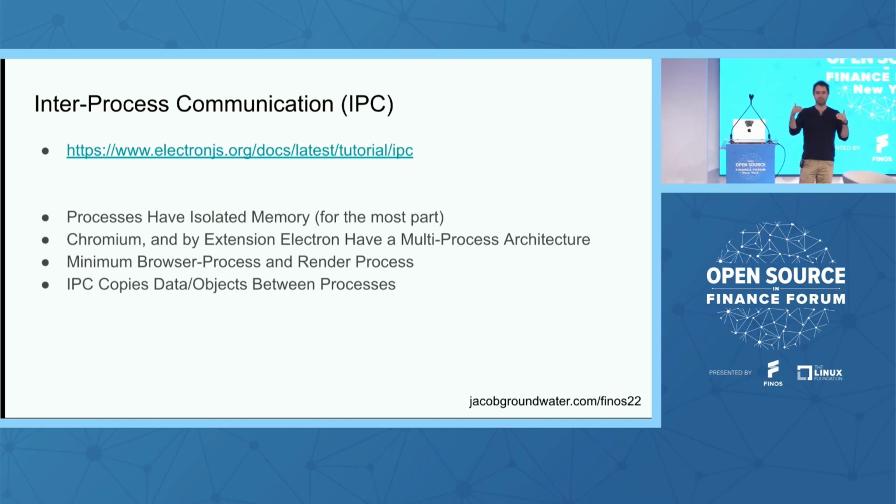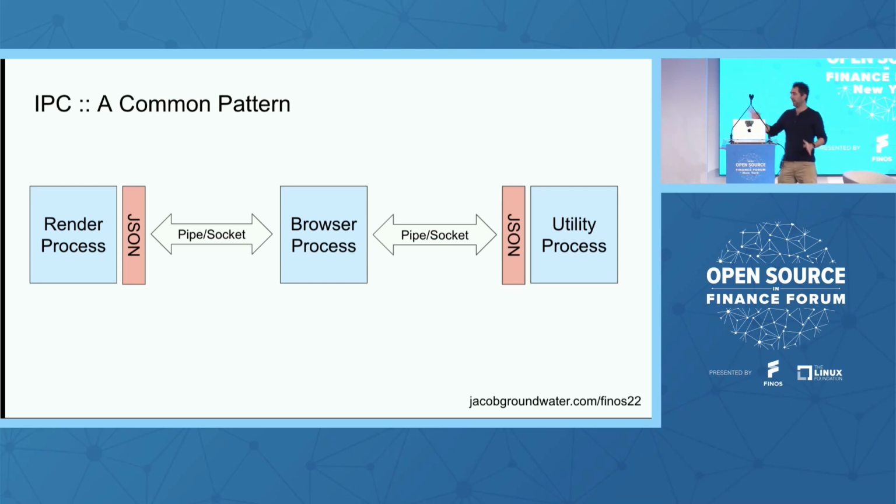So you have to basically copy data back and forth between them. A pattern I see is right here, where we had the render process and the utility process. Even if this utility process is written in the rustiest, fastest code, super snappy, at the end of the day, you still have to do this JSON serialization and then shove it through this pipe to the browser process, and then that thing in turn shoves it over to the render process.